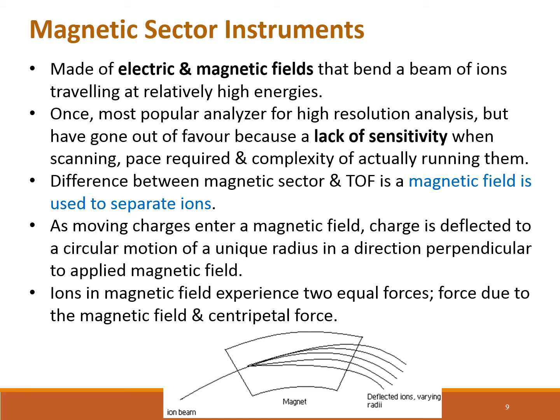The difference between magnetic sector and TOF is that a magnetic field is used to separate the ions. As moving charges enter a magnetic field, the charge is deflected into a circular motion of a unique radius, in a direction perpendicular to the applied magnetic field.